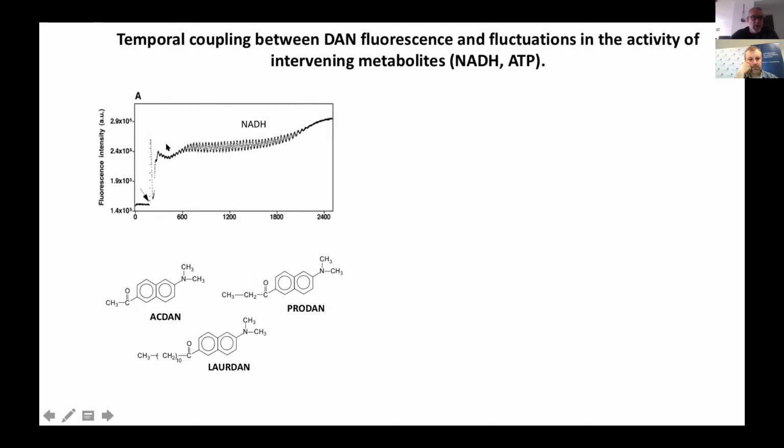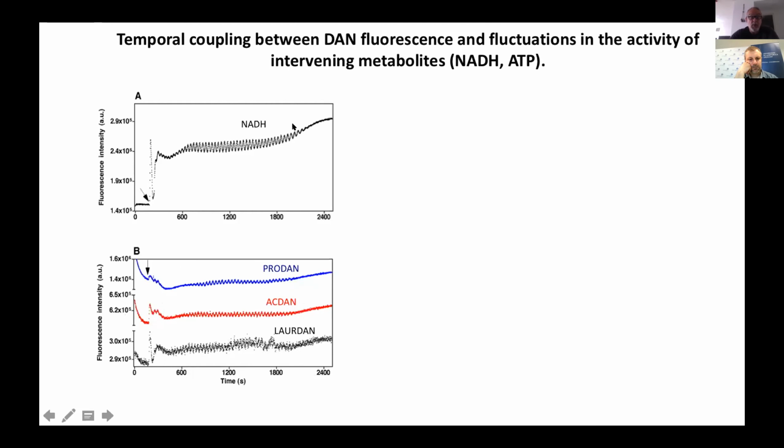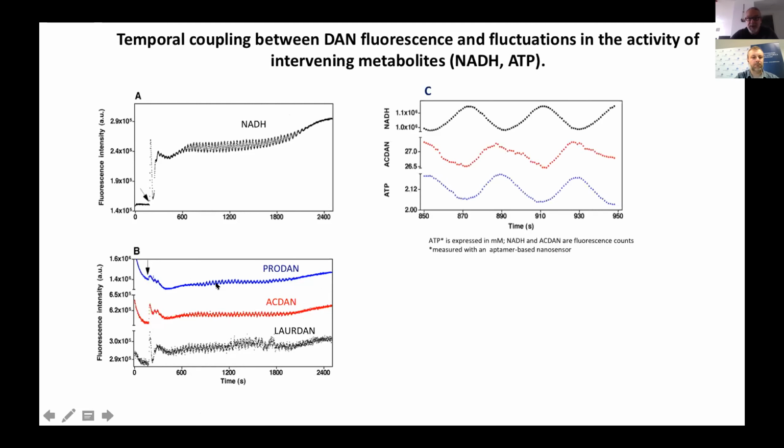Well, we induce the oscillations in these cellular systems, right? And what we see when we put this probe is that the intensity of these probes oscillate, and not only oscillate, but also oscillate with the same frequency of oscillations in ATP and NADH.